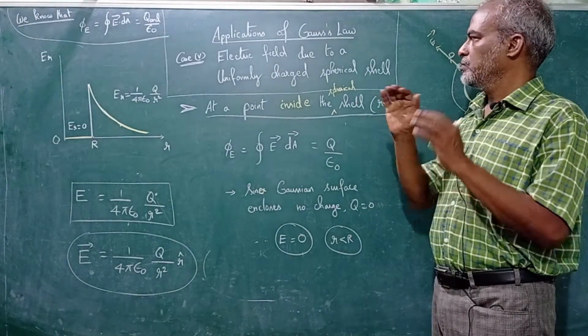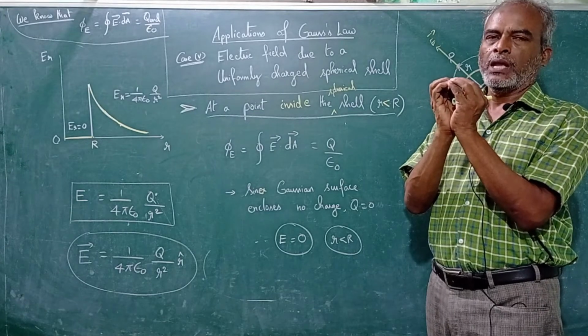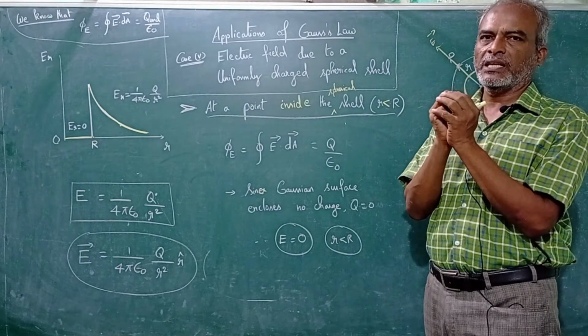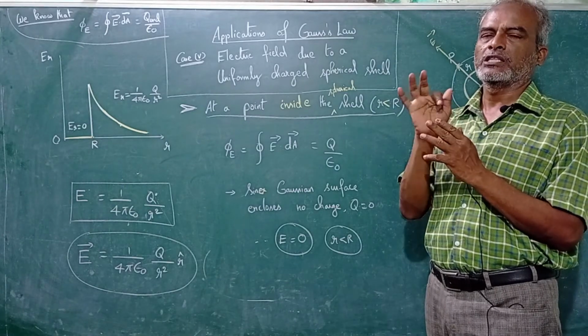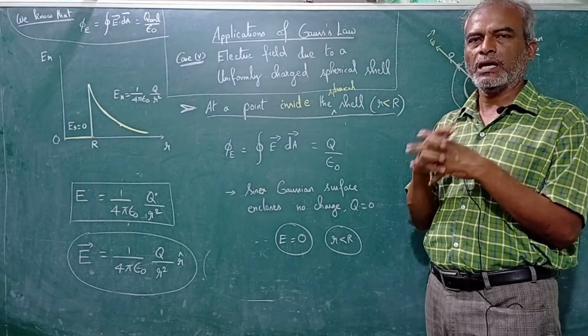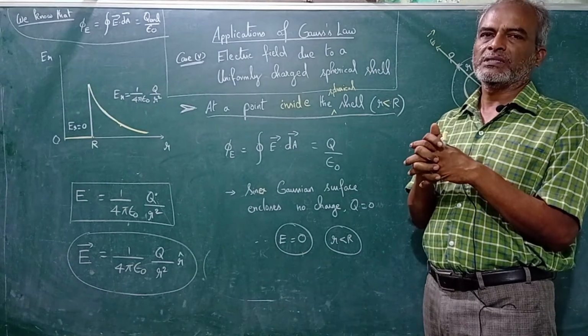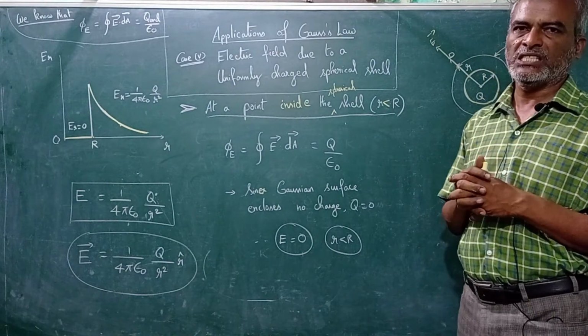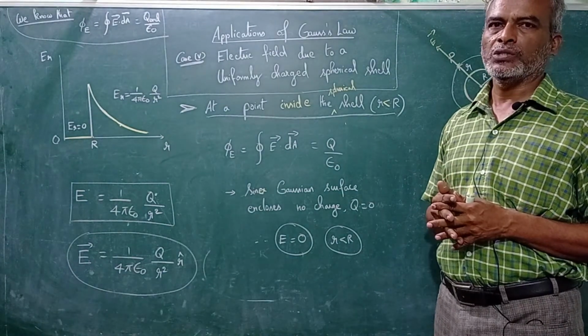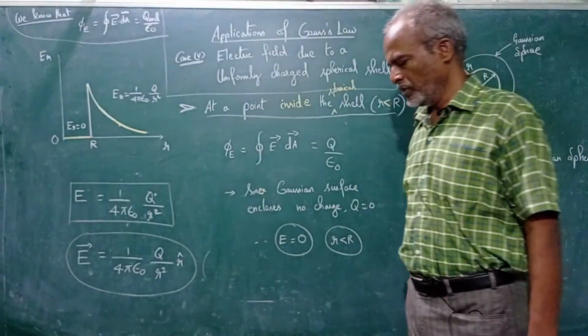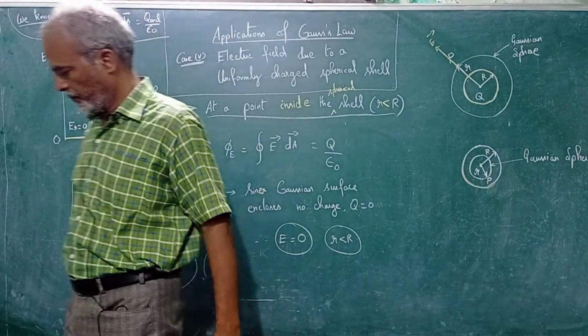If you consider a spherical shell and inside it a Gaussian surface whose radius is small r, and that small r is less than the capital R, since it does not enclose any charge, Q is equal to 0, therefore the electric field is also 0. Now we will see the response curve.